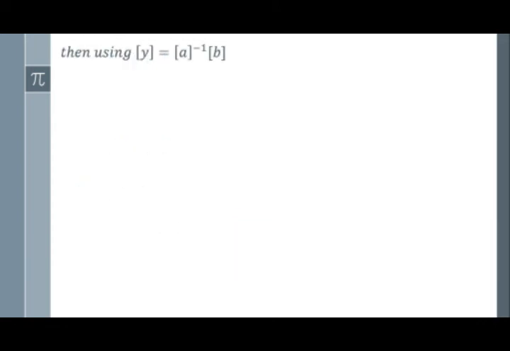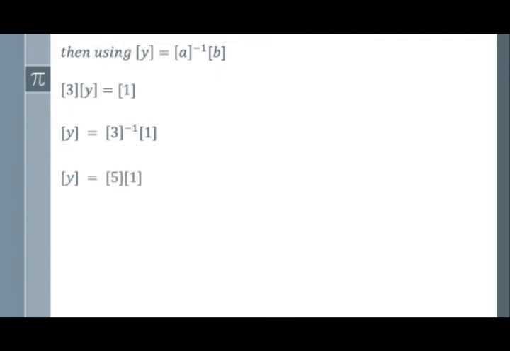Then we use this equation: the congruence class of y is equal to the inverse of the congruence class of A times the congruence class of B. We go back to equation 3 and make the congruence class of y the subject of the formula. We get the congruence class of y equals the inverse of the congruence class of 3 times the congruence class of 1.